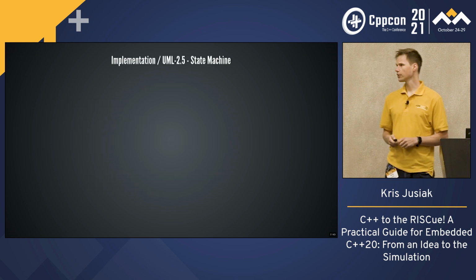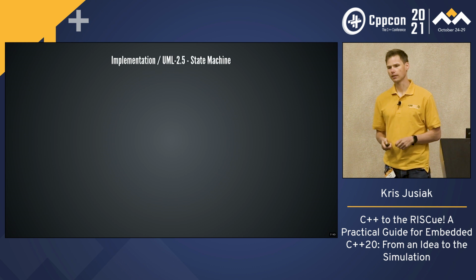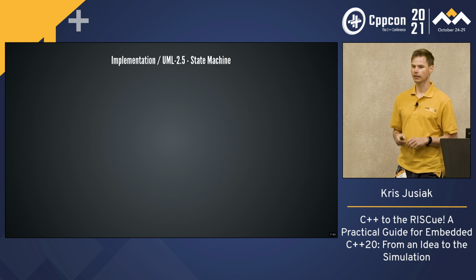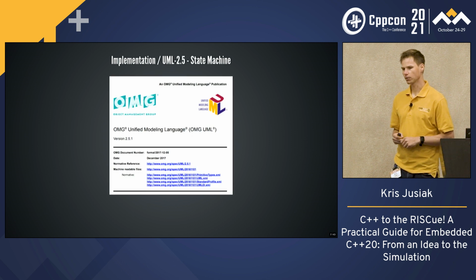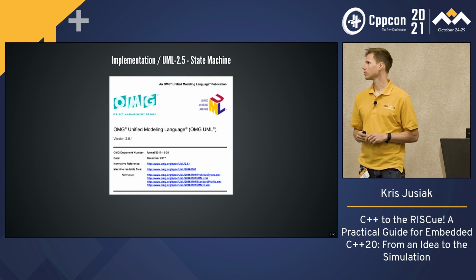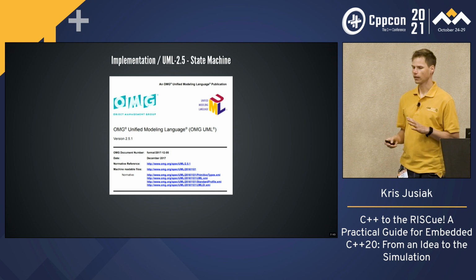So, implementation. For the implementation, I think we'll use the most powerful but really underused thing, which is really desired for microcontrollers, which is the state machine. And we'll follow UML 2.5, which is specified for the state machines.